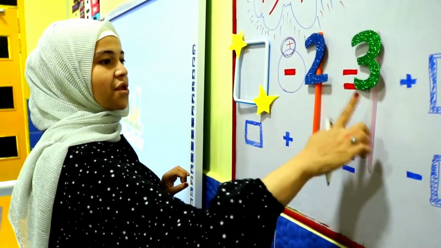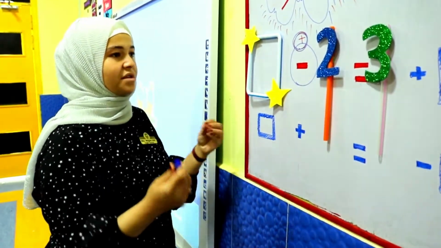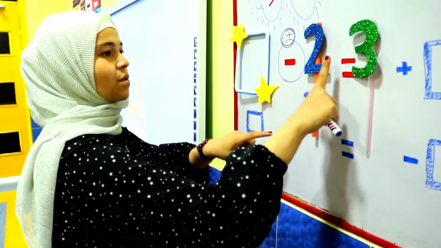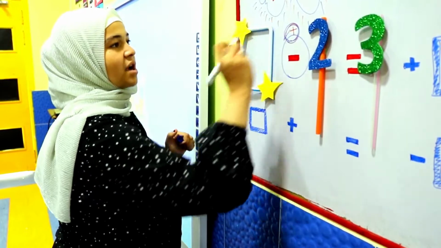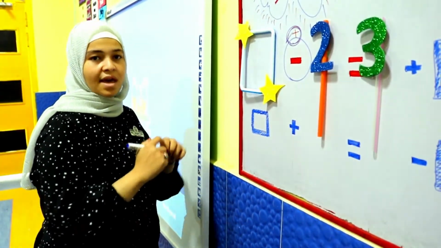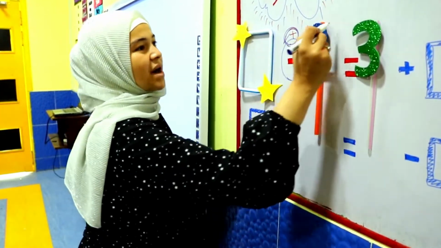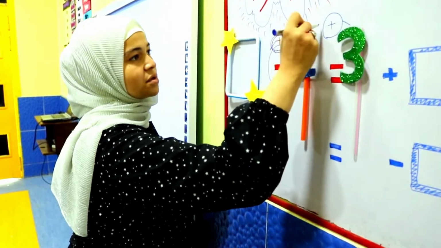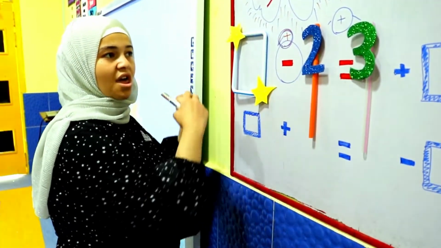2 equals 3. Okay, how to solve this one? Magic square minus 2 equals 3. I said before, I'll solve it as an addition equation, with the sign plus. I write here plus, these two numbers, and I'll add these two numbers together.